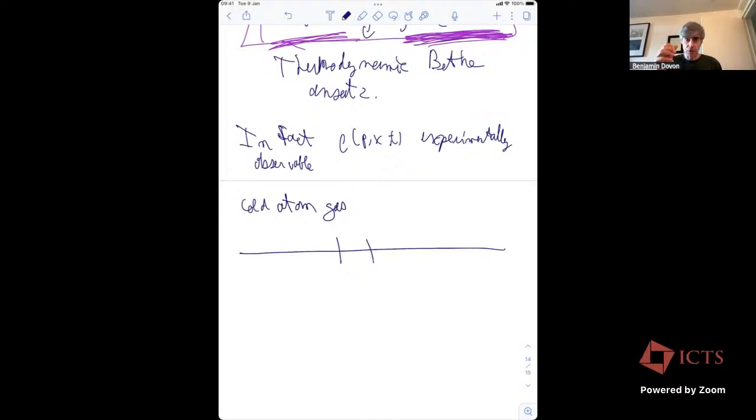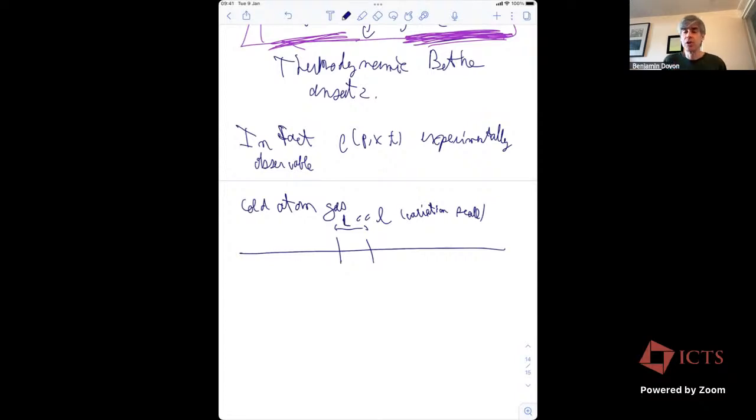If this fluid cell has a length L, which is much smaller than curly L, the variation scale, then it should look homogeneous in space, more or less homogeneous in time, or stationary in time.